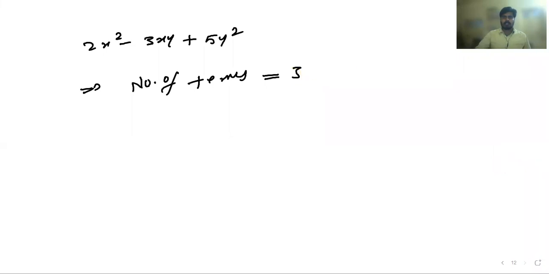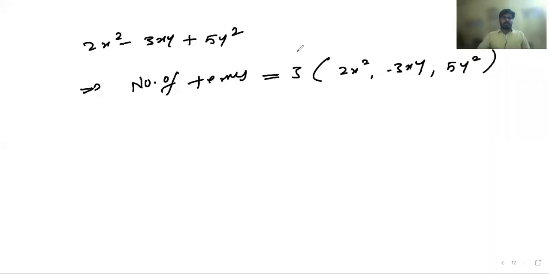What are they? They are 2x square, minus 3xy, and 5y square. So the terms are 2x square, minus 3xy, and 5y square.